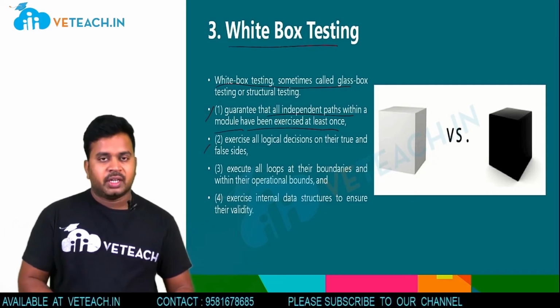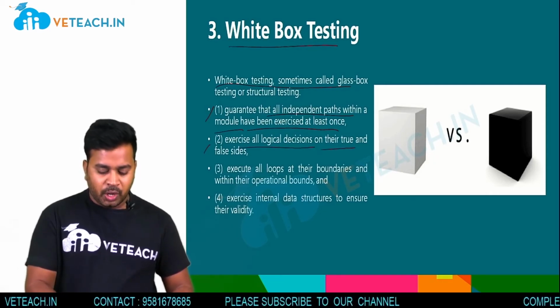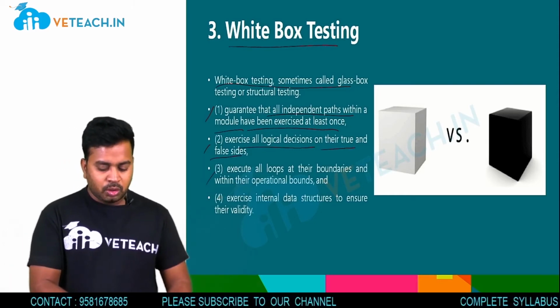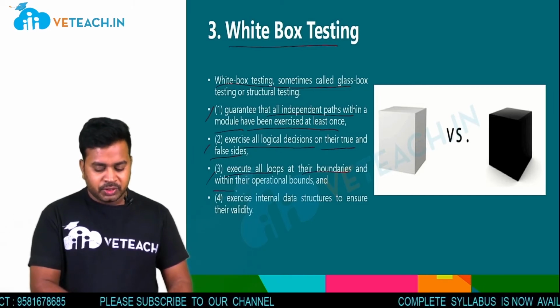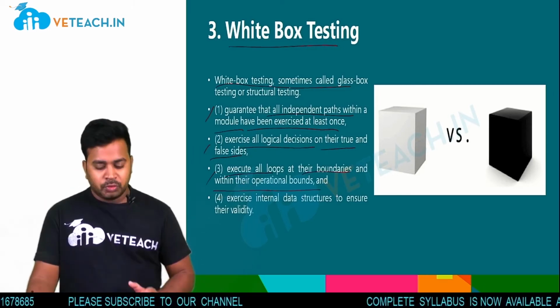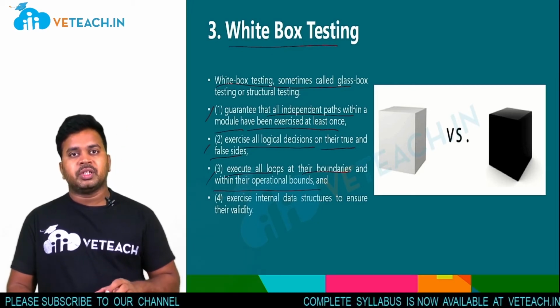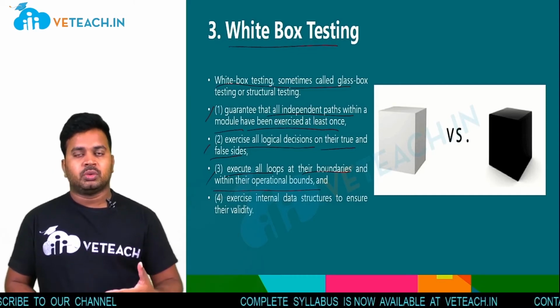Next, exercise all logical decisions on the true and false sides. The third one is to execute all loops at their boundaries and within their operational bounds. A loop may run 100 or 200 times.